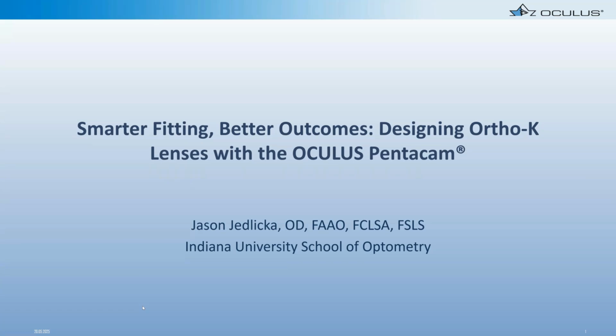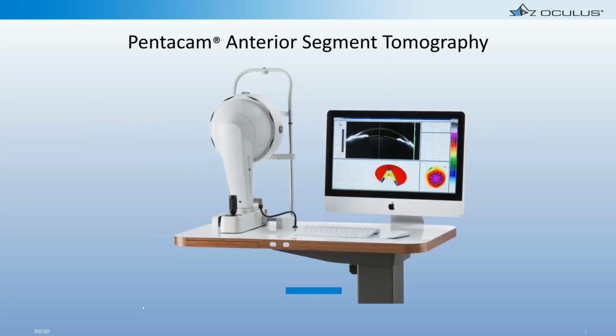Thank you very much. And again, welcome everyone to our webcast this evening. We'll get to talk about Ortho-K lenses and the Pentacam in particular. I'm excited to bring this to you. I presume you all know what a Pentacam is all about. Pentacam is an anterior segment tomography instrument.